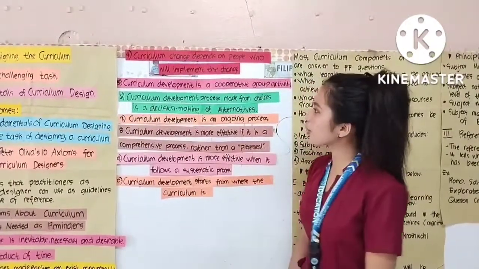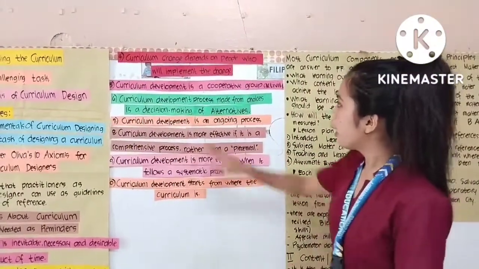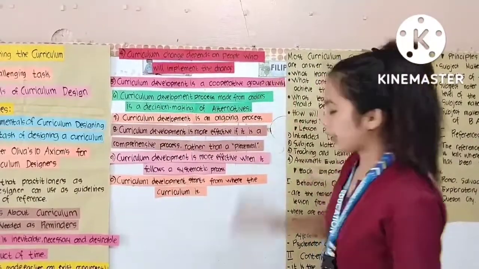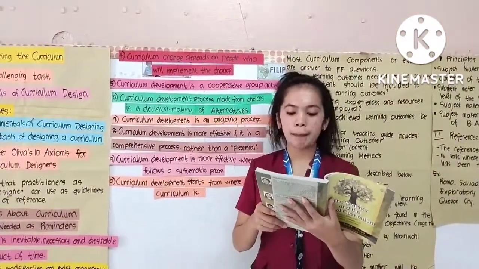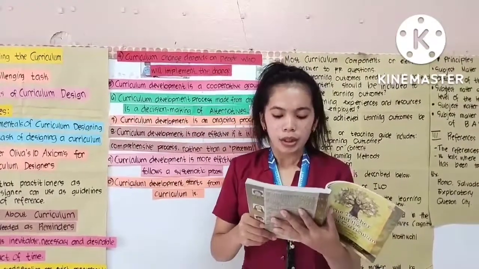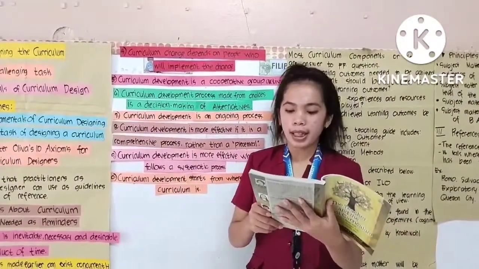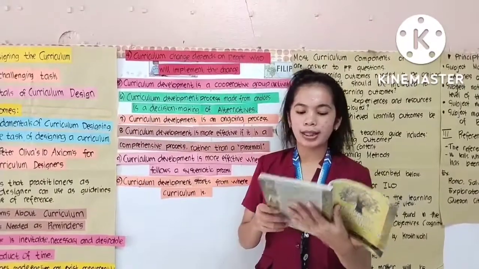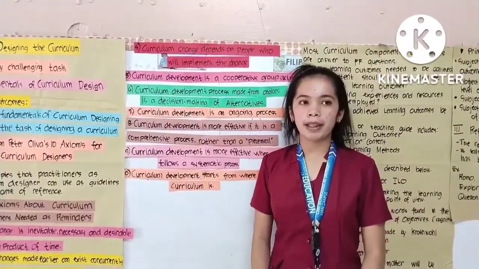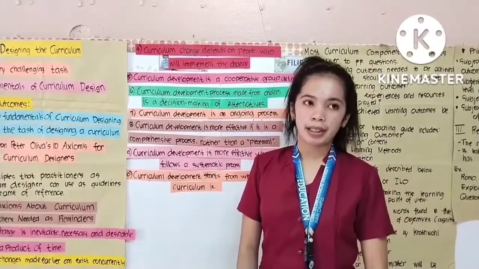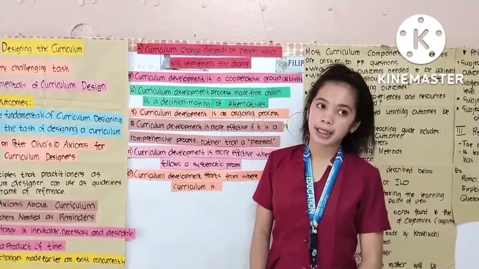Okay, so the fifth action, curriculum development is a cooperative group activity. Group decisions in some aspects of curriculum development are suggested. Consultations with stakeholders, when possible, will add to a sense of ownership. Even learners should participate in some aspect of curriculum designing.